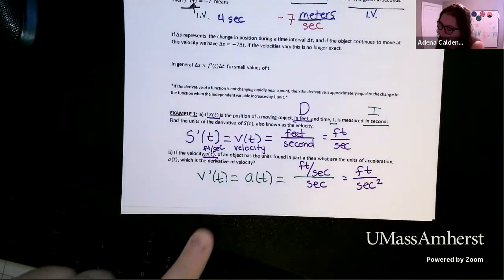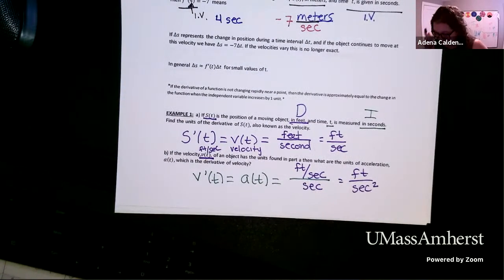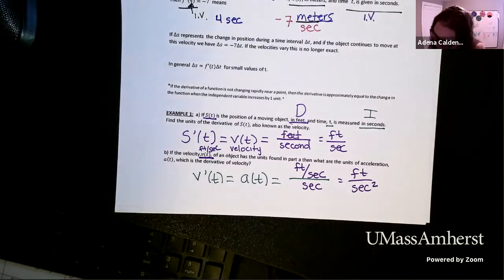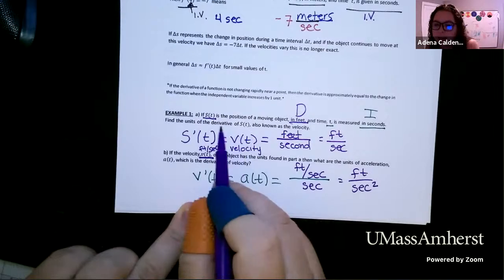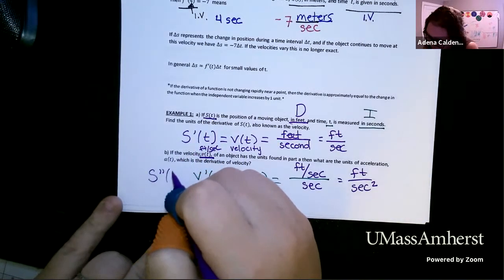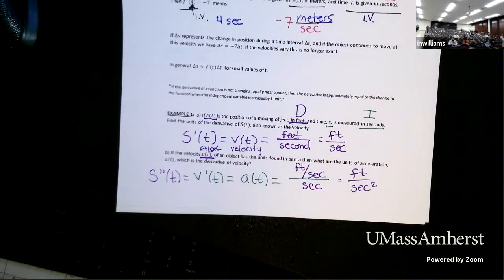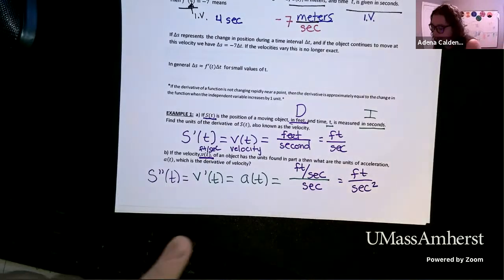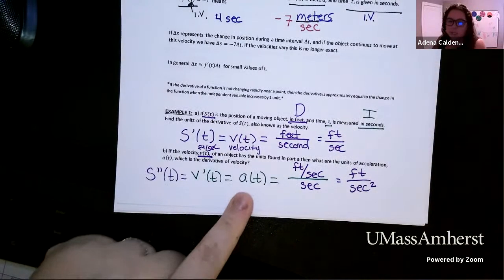Now remember, this is the derivative of velocity, which gives us acceleration. I want to hint at something we're going to get to later today: the derivative of velocity is the same as taking another derivative of position. So the second derivative of position, and we're going to talk about second derivatives later, is the same as the first derivative of velocity, which is acceleration.